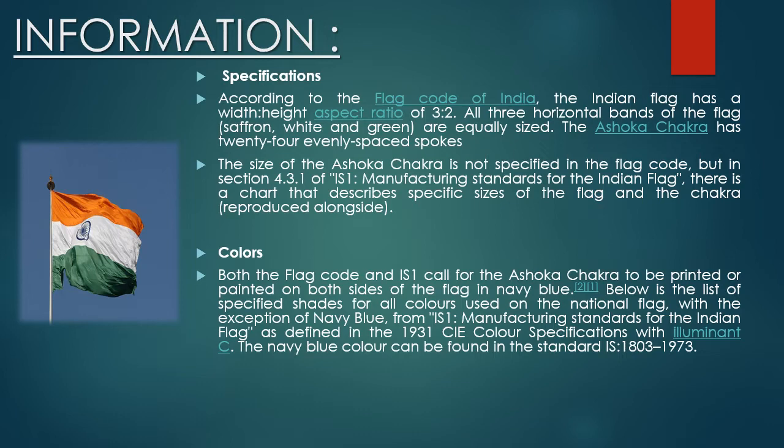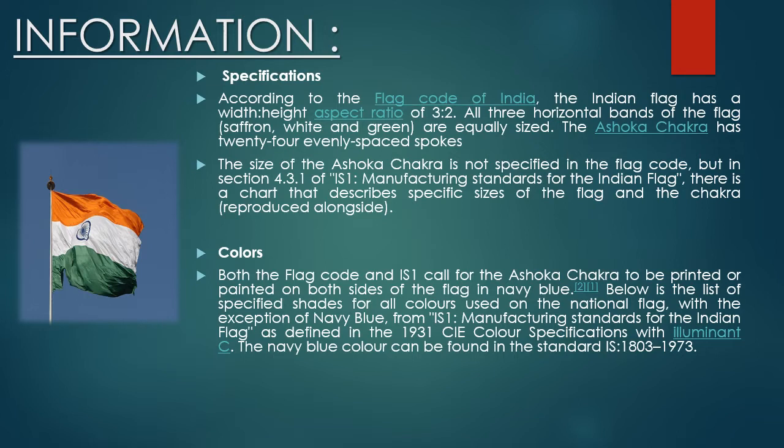Colors. Both the flag code and ISI call for the Ashoka Chakra to be printed or painted on both sides of the flag in navy blue.